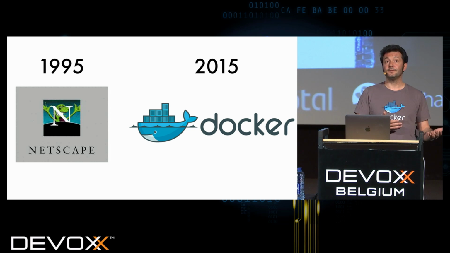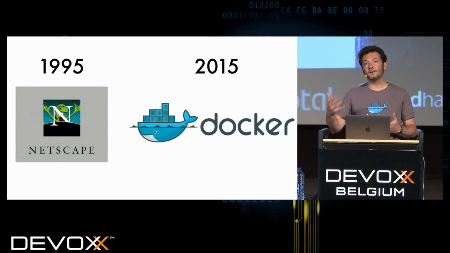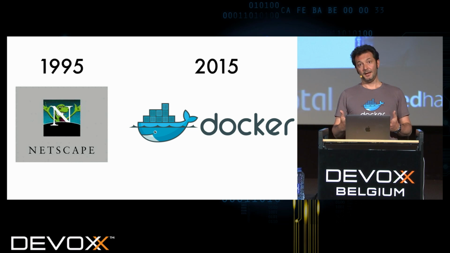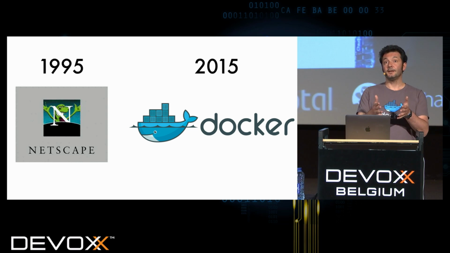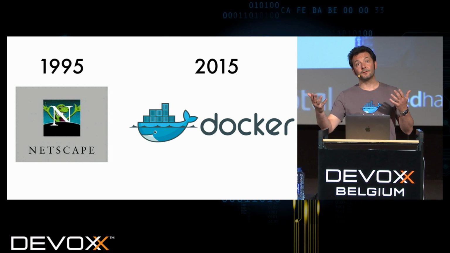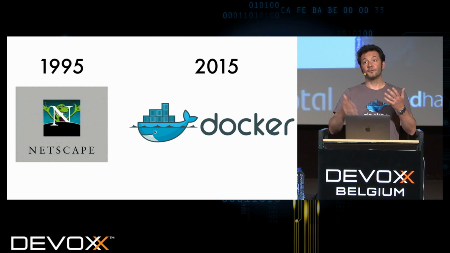When I started using Docker to build my applications, I just realized I had the same feeling as in 1995 when I started using the Netscape browser. What I mean by that is that it was a new way of building my applications. At that time I was building client-server applications, and I realized, hey, we can build the apps on the server. They would spit out some HTML, and then everything would happen on the server, and it would be rendered on the client.